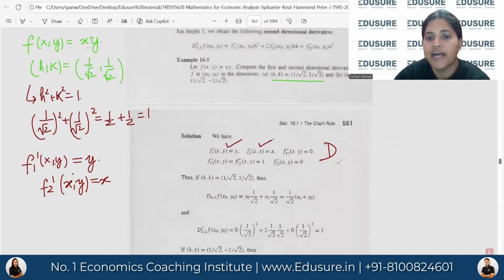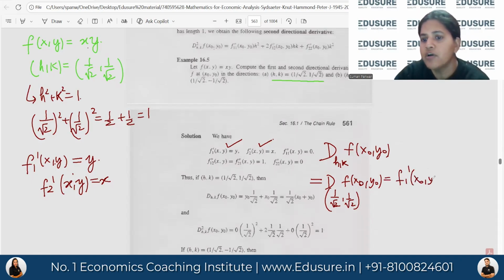Okay, so the directional derivative of f at x naught y naught in the direction 1 by root 2, 1 by root 2 is f1 prime at x naught y naught times h plus f2 prime at x naught y naught times k.